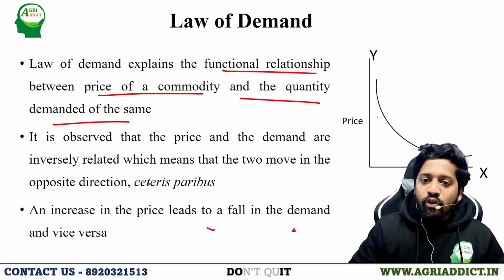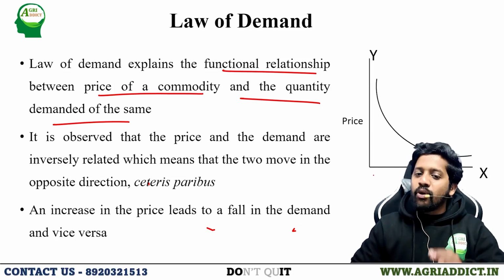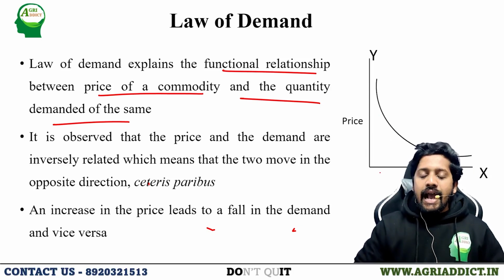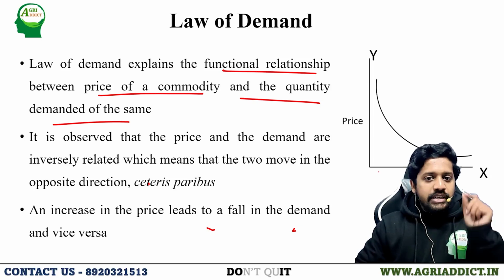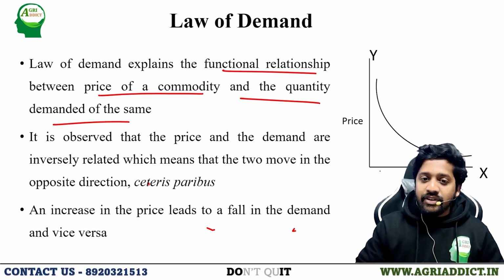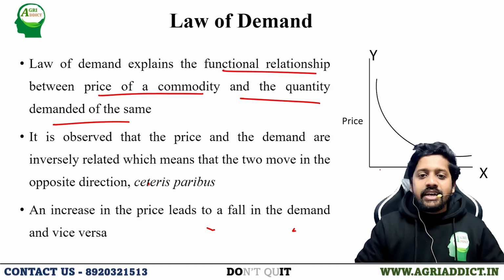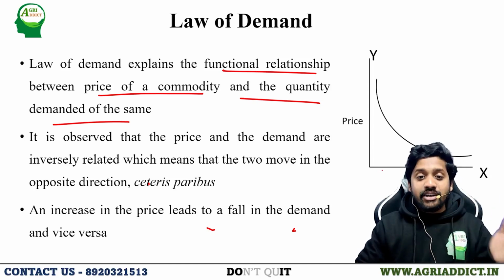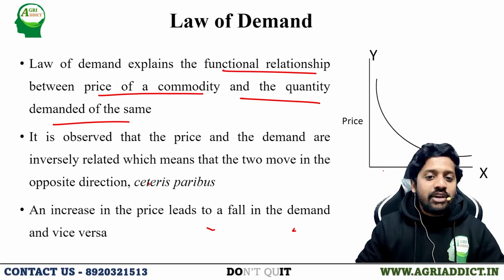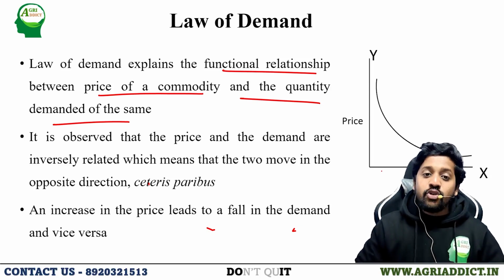As we have already seen, when I went to the market, as the price of the apple was increasing, what happened to my quantity demanded? The quantity demanded by me was decreasing, right? When it was 500 rupees, I was purchasing only 1 kg of apple. But when it was 100 rupees, I would be purchasing more.